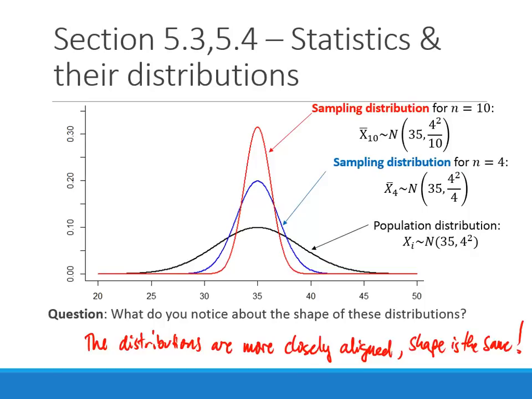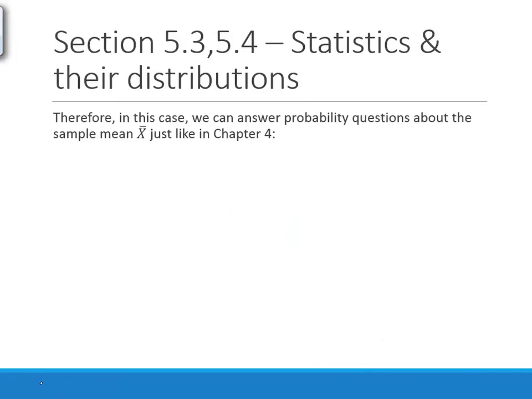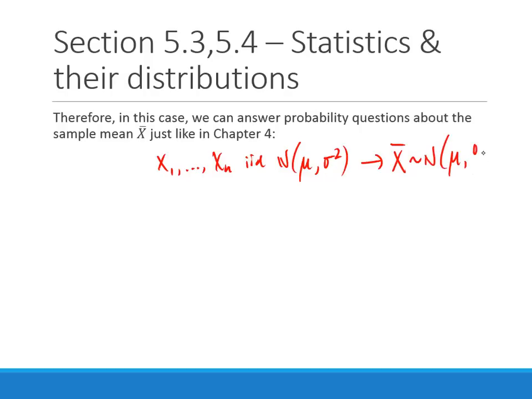Okay, so then we can use these properties to answer questions about the sample mean, just like we did before. When my x1 to xn are IID normal with mean mu and variance sigma squared, I also know that the sample mean is going to be normal with mean mu and variance sigma squared over n.